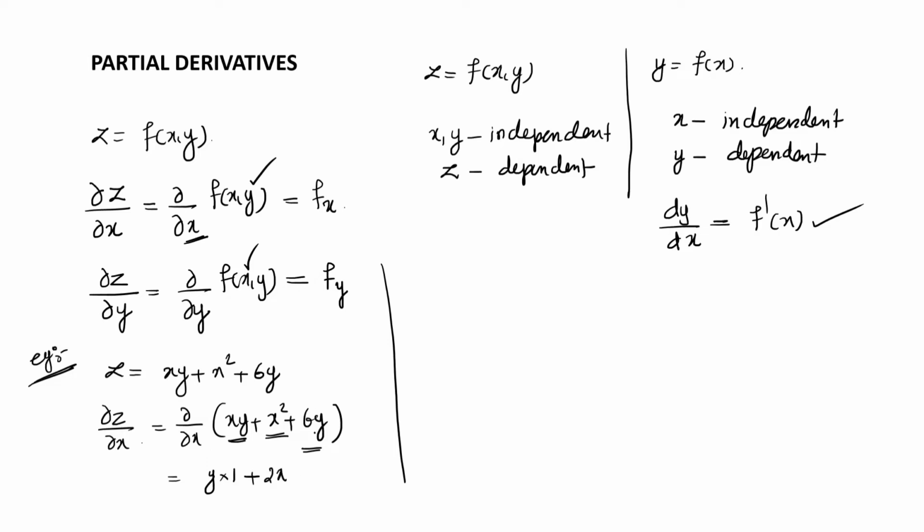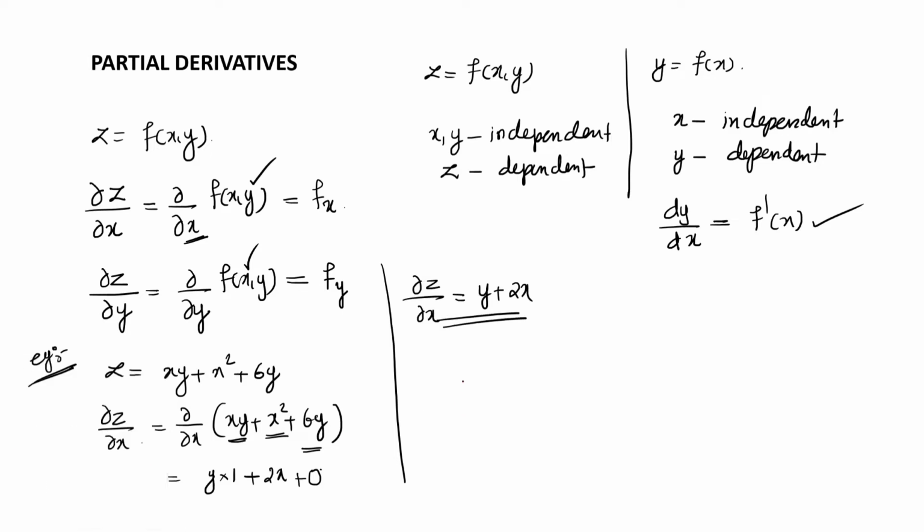And 6y, here 6 and y are constants, since we are differentiating with respect to x and we treat y as a constant, therefore its derivative will be 0. Therefore we'll get dou z by dou x as y plus 2x. Okay, this is dou z by dou x.